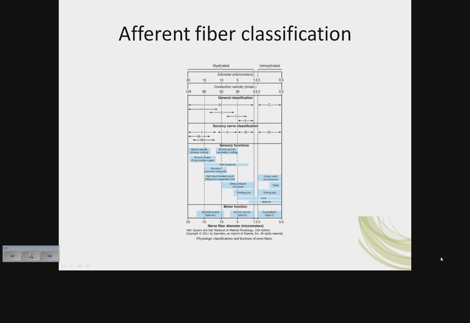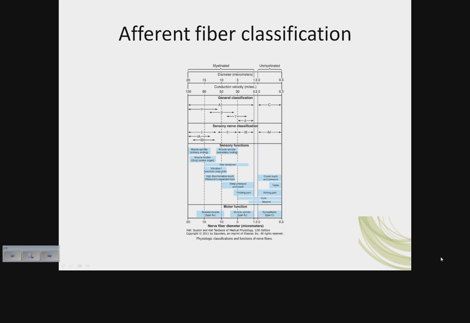At the other extreme, some types of sensory information, such as aching pain, do not need to be transmitted rapidly. So slowly conducting fibers will suffice. In this figure, you should be seeing that nerve fibers come in all sizes between 20 micrometers in diameter, very large, to 0.5, very small.